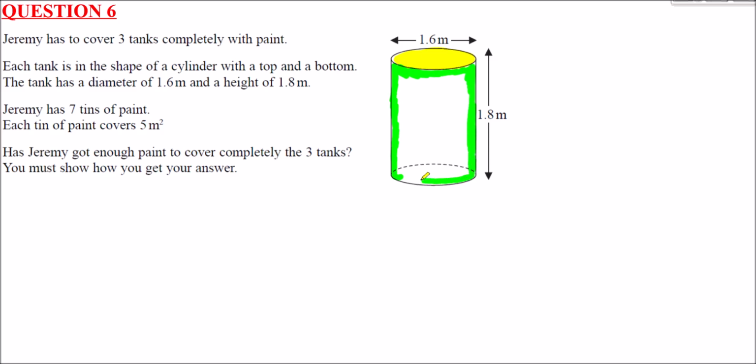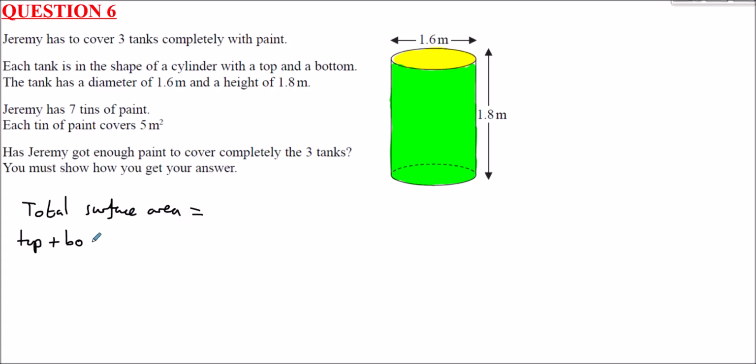The first step, if we're trying to solve this question quickly and efficiently, would be to calculate the total surface area. So let's do this now. The total surface area is the top plus the bottom plus the curved surface.